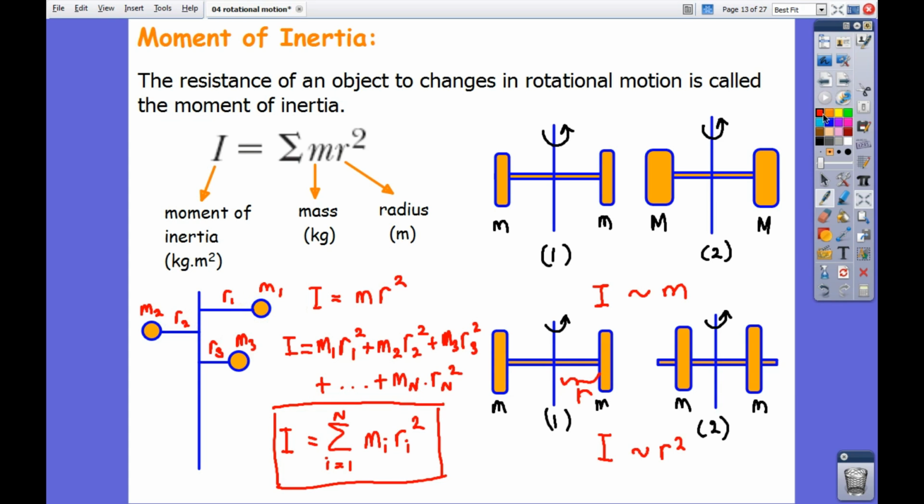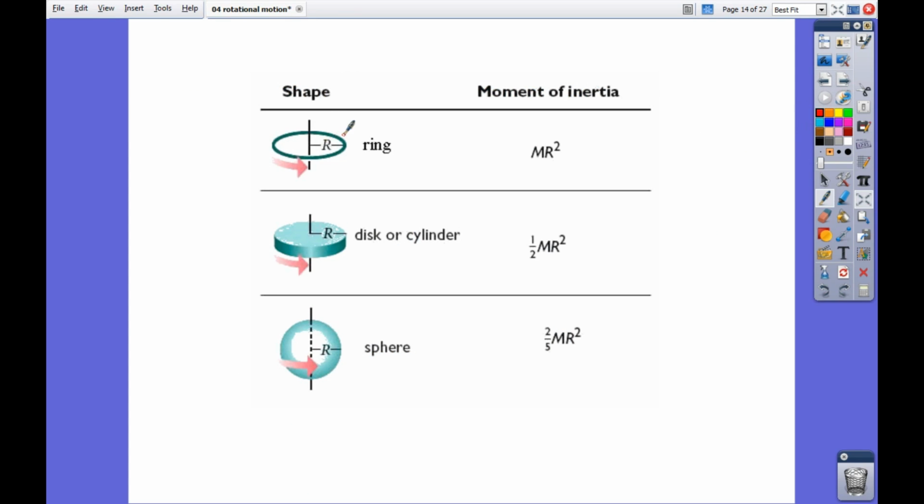What if the object is regular in shape? A ring has mass that has the same distance to the center, so the moment of inertia of the ring is mass times r squared.